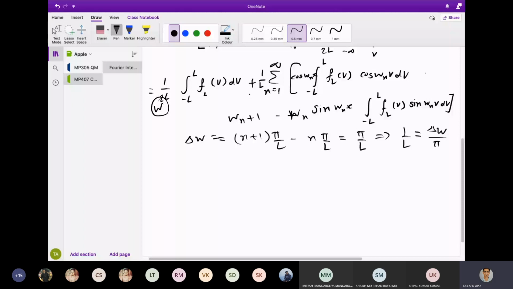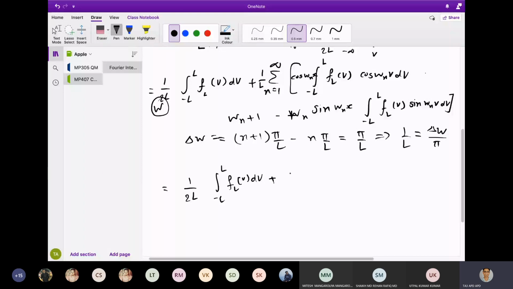Okay, so that we will do now: 1 over 2L, integral from minus L to plus L of f_L(v) dv, plus, now 1 upon L is replaced by this parameter delta w upon pi. So delta w upon pi, which I will insert into the summation inside.